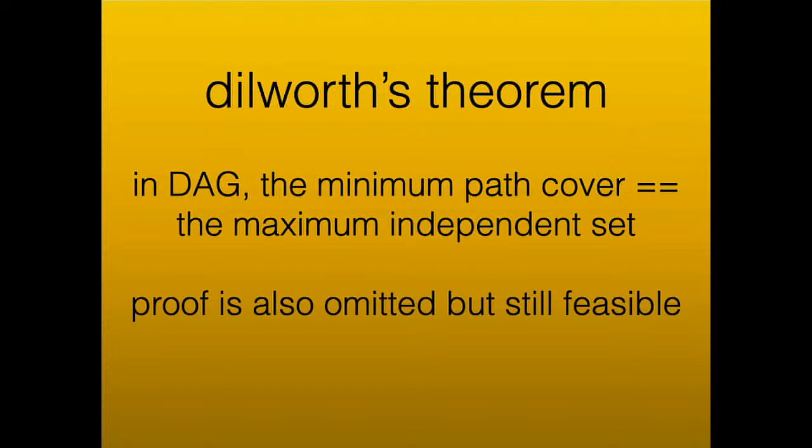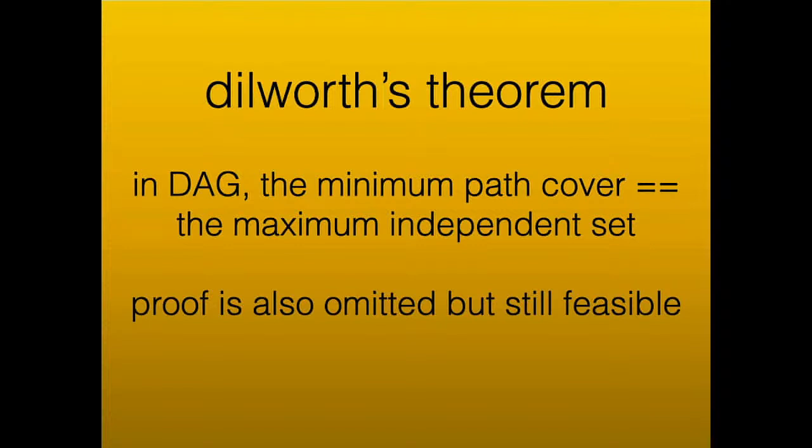So not only a DAG, because the formulation of Dilworth's theorem, if you read Wikipedia, is on a partially ordered set. The terminology is that it's a set where some of the elements are comparable, like either A greater than B or B greater than A, but not necessarily all elements are comparable.